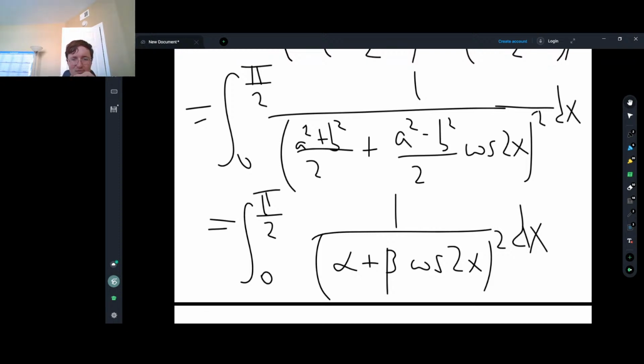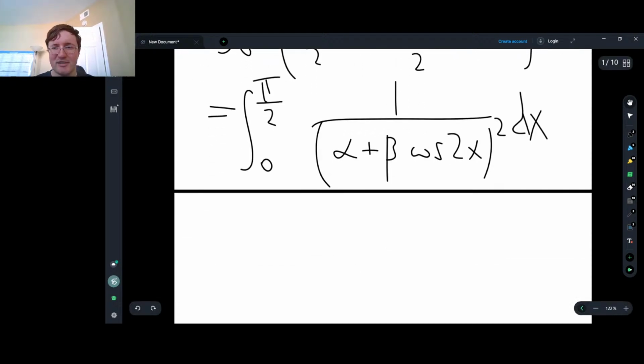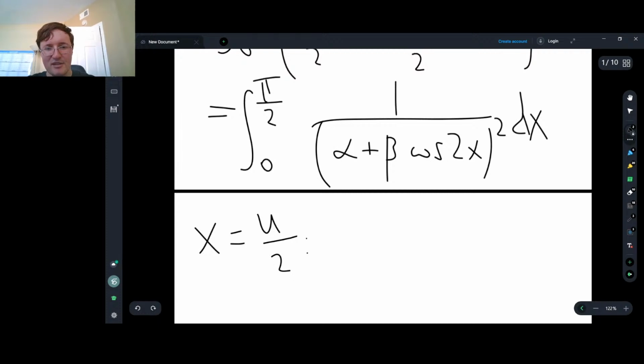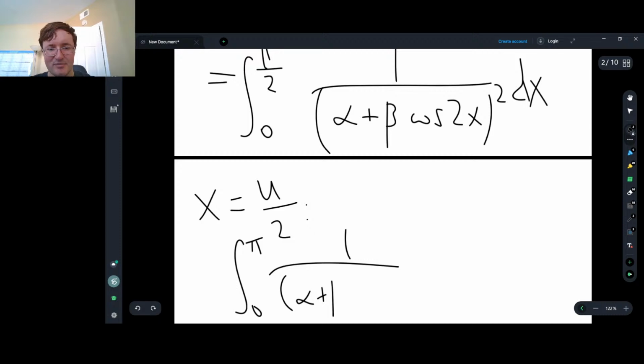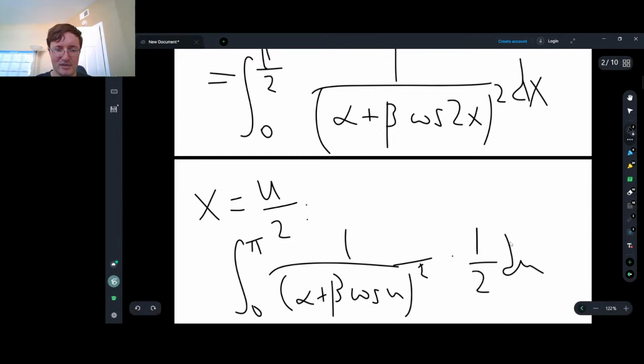Now I can make a substitution. I'm going to let x be u over 2, just so that it's regular cosine. So I get the integral from 0 to pi of 1 over (alpha plus beta cosine u) squared times 1/2 du.